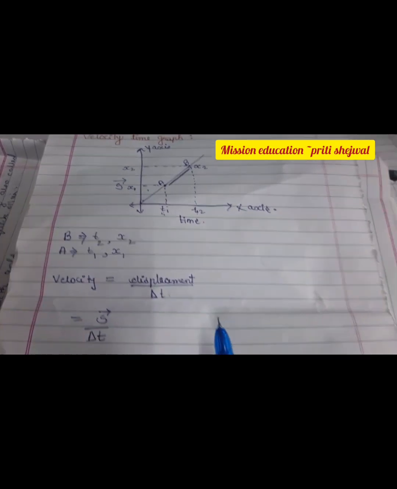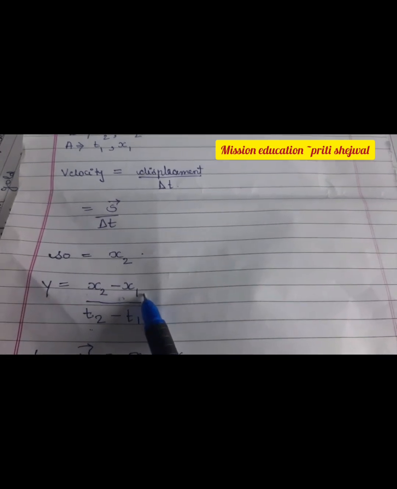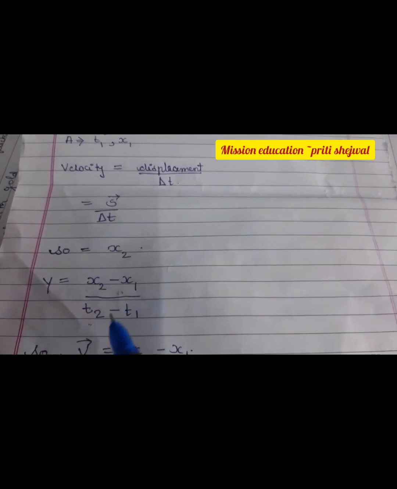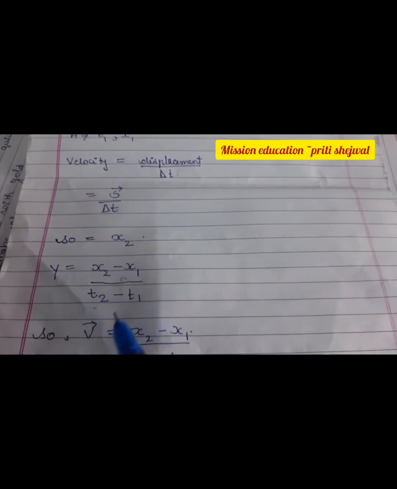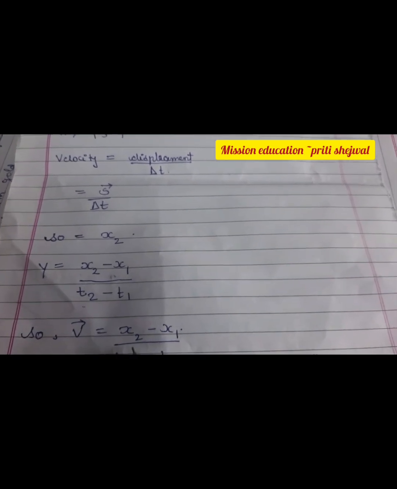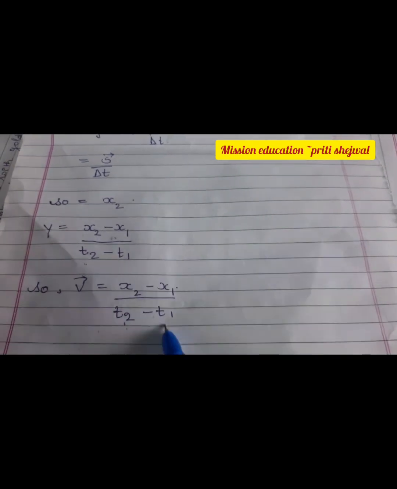T2 minus T1. In the numerator we take X2 minus X1, and in the denominator we take T2 minus T1. So V is equal to X2 minus X1 upon T2 minus T1.